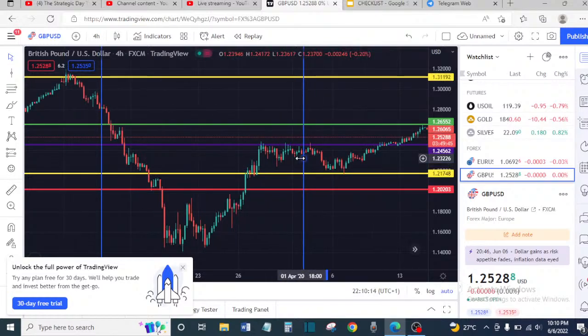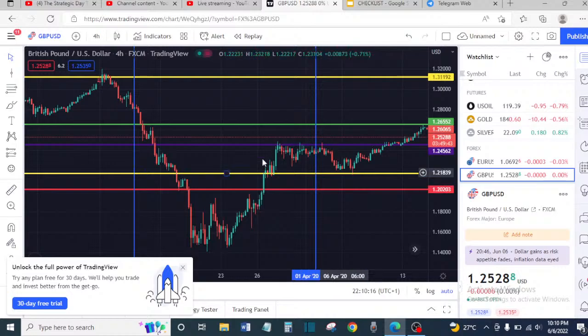This place will be considered a pullback, as many people will say, but in my own case, I wait for them to form a structure, because naturally they cannot move the price up all of a sudden. They can move it, but if they move it up instantaneously, then they will move it back down.